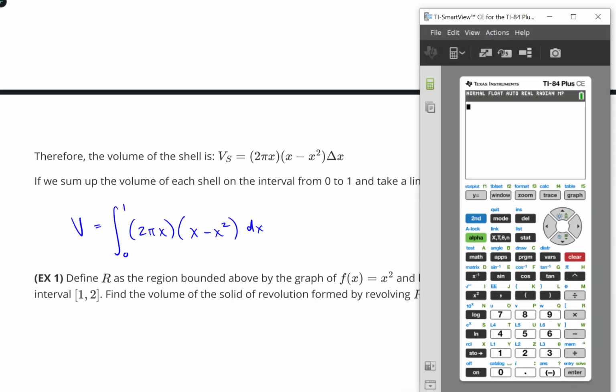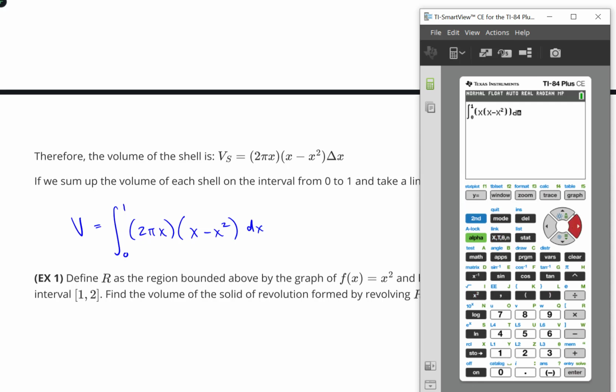Now, if I put this into fnInt, I could leave the factor 2 pi on the outside of this integral, and so essentially what I would need to put into the integral would be the endpoints, 0 and 1, of course, and this would be x times the quantity x minus x squared.